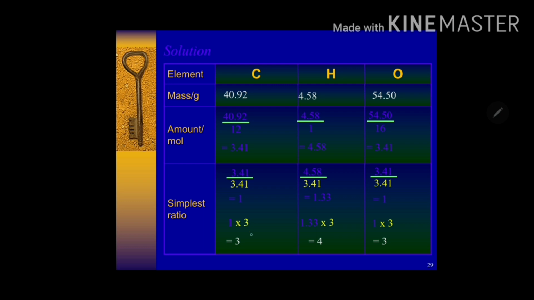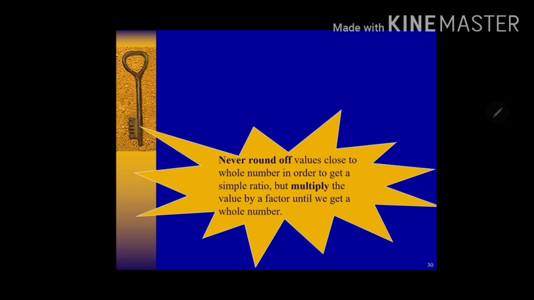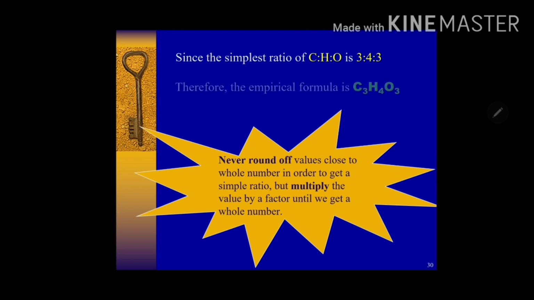So you get for carbon 3, hydrogen 4, and oxygen 3. So this is the simplest ratio. So C, H, O, the ratio is 3:4:3. Therefore, you write down the empirical formula is C3H4O3.